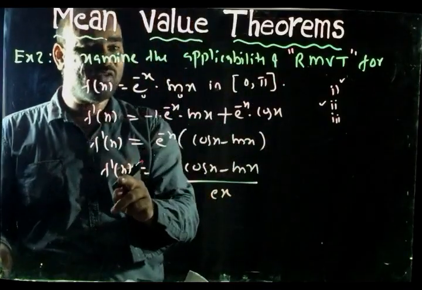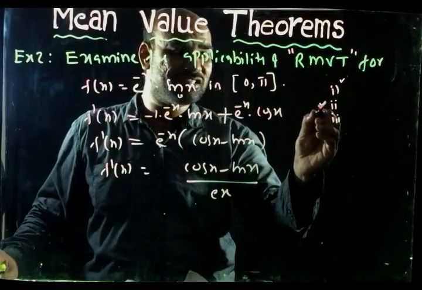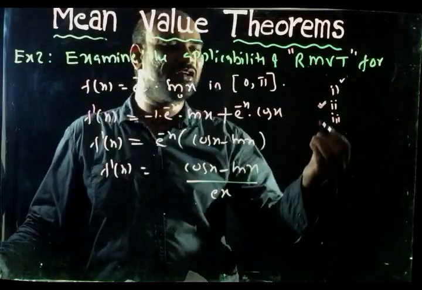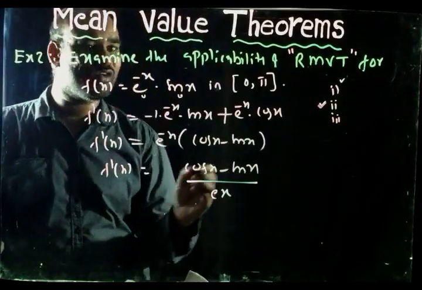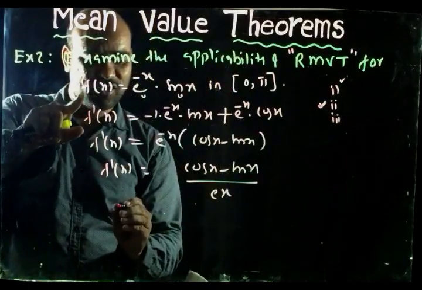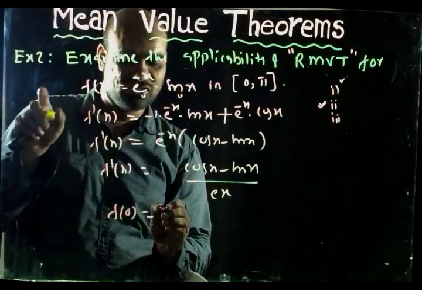Means what happened? f dash of x is defined, so the second condition is satisfied. The second condition satisfied means automatically the first condition will be satisfied. Now I need to check the third condition. Third condition means what? f of 0 should be equal to f of pi or not. f of 0 means e power 0, 1, into sin 0, 0 only.